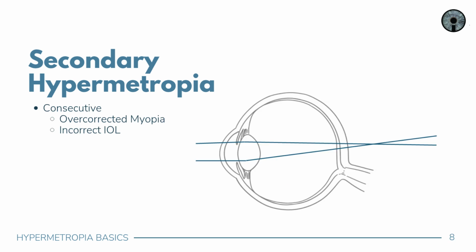Other causes of secondary hypermetropia could be an overcorrected myopia or placement of an incorrect IOL, leading to consecutive hypermetropia. These are other causes of secondary hypermetropia.